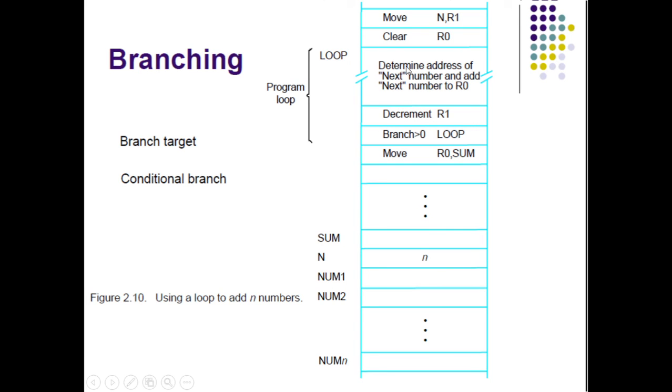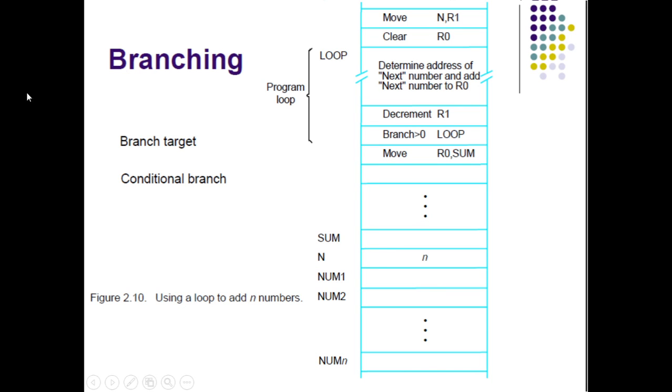This operation repeats again and again, and whenever this condition returns a false value, we don't want to select any branch target. In that case we move to the sequentially next location. That means the program counter is automatically incremented and points to the sequentially next instruction, so that after completing this one, the PC takes the next instruction from this location and starts the execution.